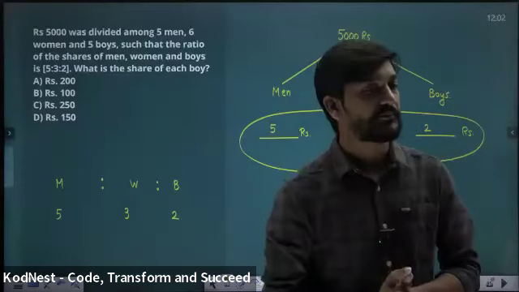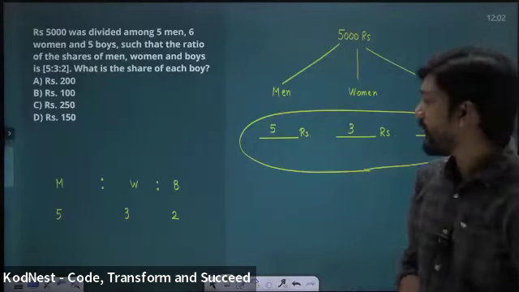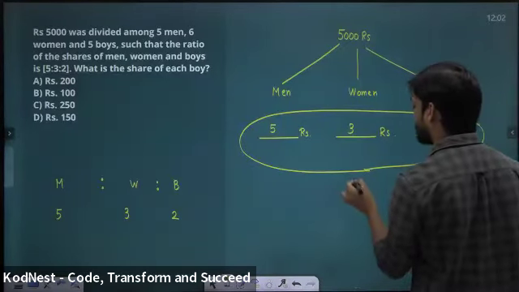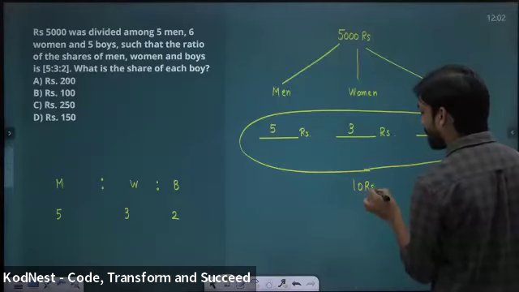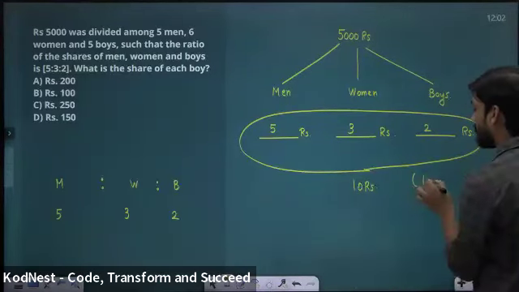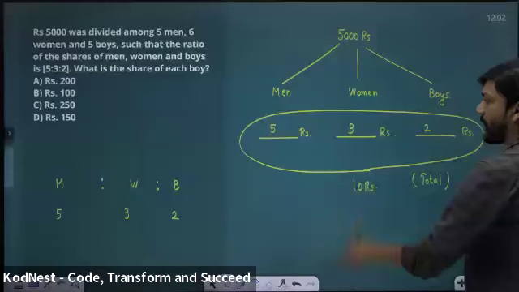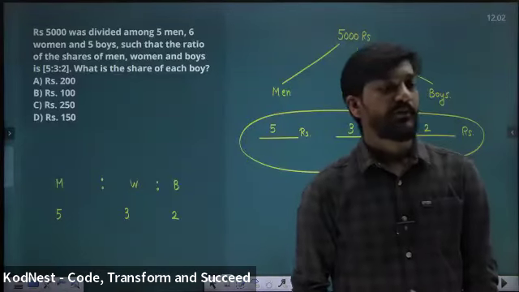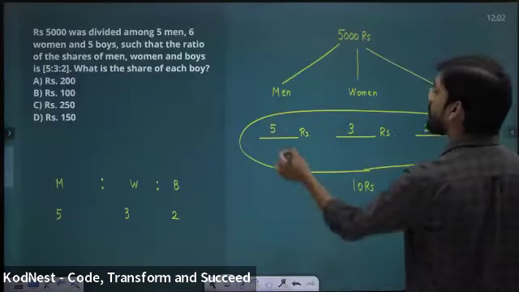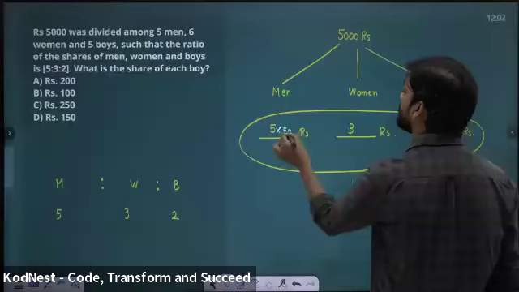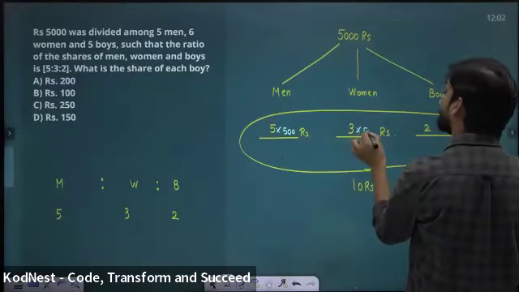Please answer that. I'm getting 10 rupees total. I don't want 10. I want 5,000. What should I multiply? 500. So you multiply 500 everywhere.